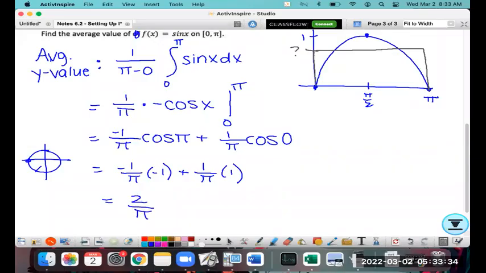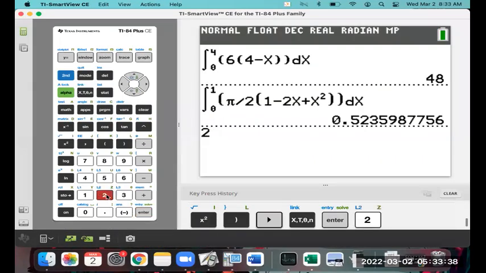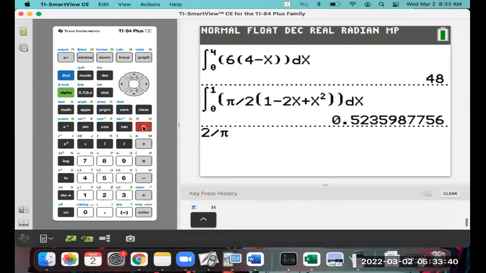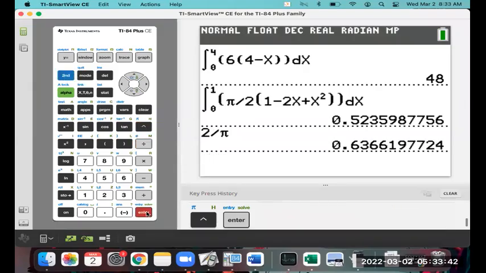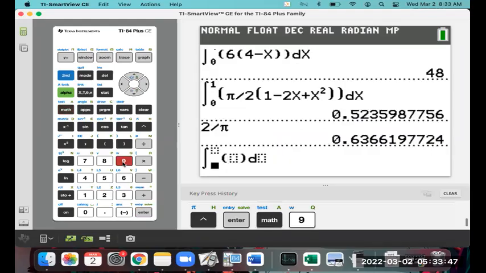Which is not very helpful for me seeing if my drawing was accurate. So I'm going to turn that into a decimal. 0.636. And then I'm just going to double check to see if I integrated correctly.